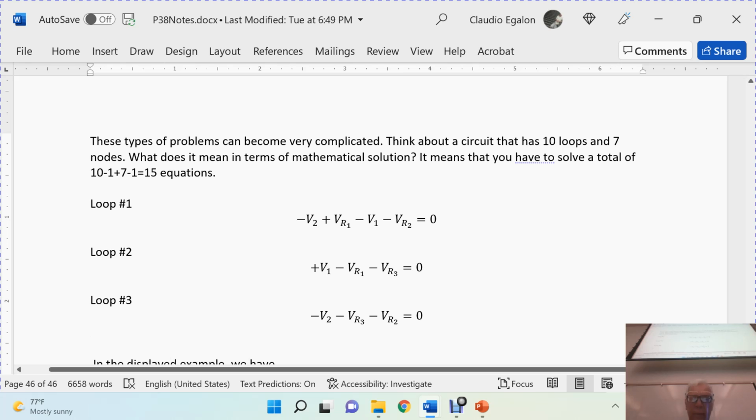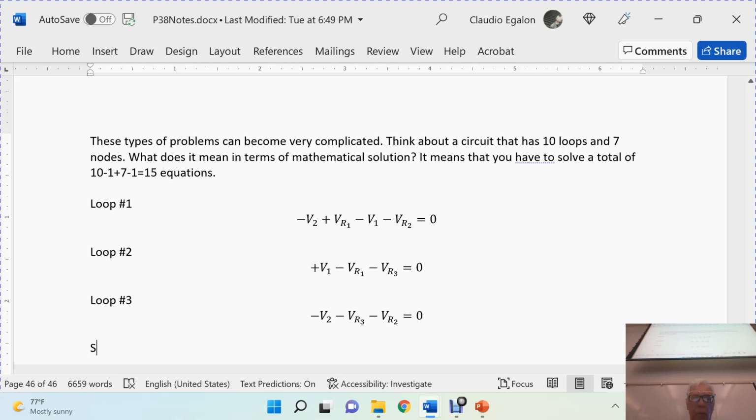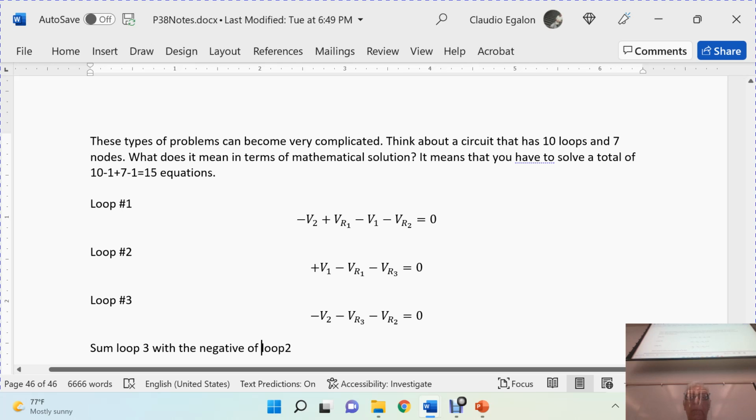Okay, here you go. I'm going to sum loop 3 with, no, I'm going to subtract, sum with the negative of loop 2, okay? Let's see what happens. If I obtain loop 1, that's because we have only two linearly independent equations. What do we get if we do that?